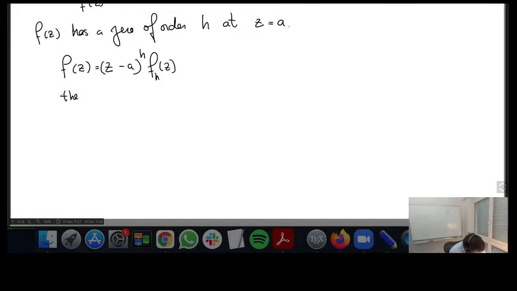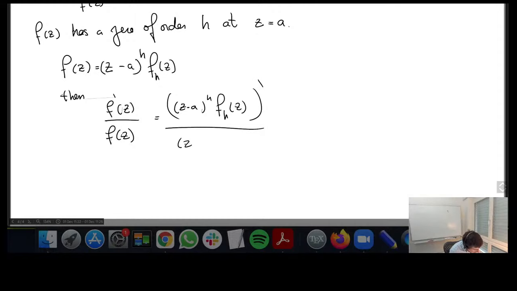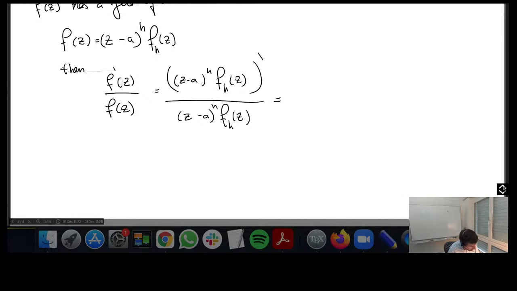Then let's look at what f prime of z over f of z is at a. Well, let's just expand. This is (z minus a) to the h times f_h of z, and let's take the derivative.